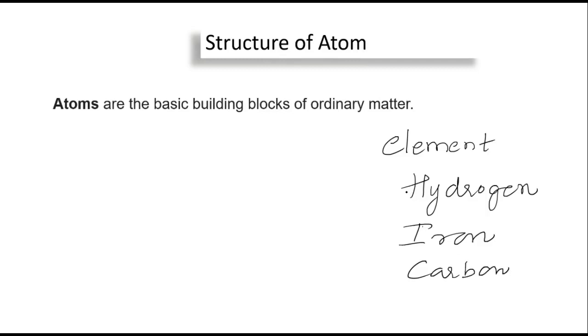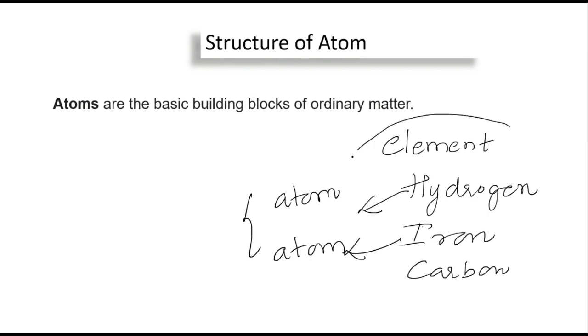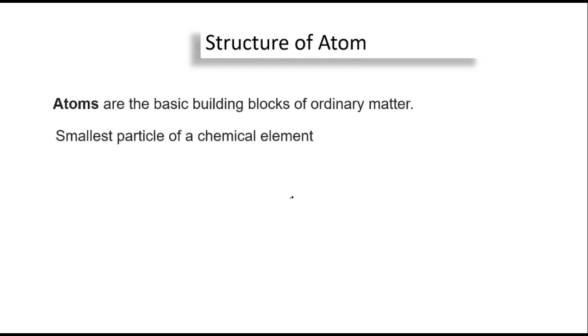So hydrogen has its own atom and iron also has its own atom. Both atoms are different. So, point to be noted, the smallest particle of an element is an atom. And how is this atom made of further?